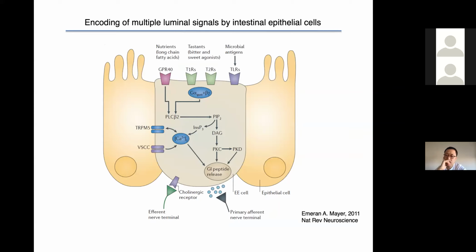For a long period of time, it has been a mystery how the intestinal epithelium actually converts these external stimulations into chemical signals. There's a brief introduction published in Nature Reviews Neuroscience, showing that different receptors perceive these stimulations and then translate them through complex machinery into neuropeptides or hormones, which then pass along through different neuronal systems.